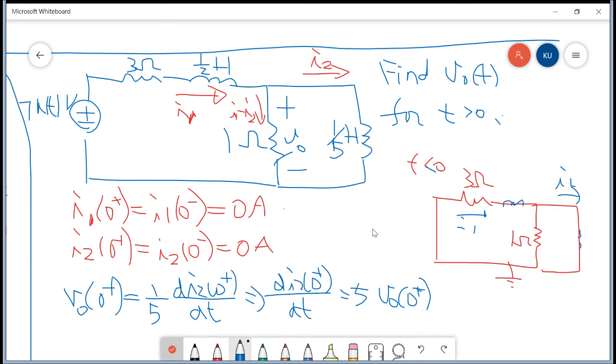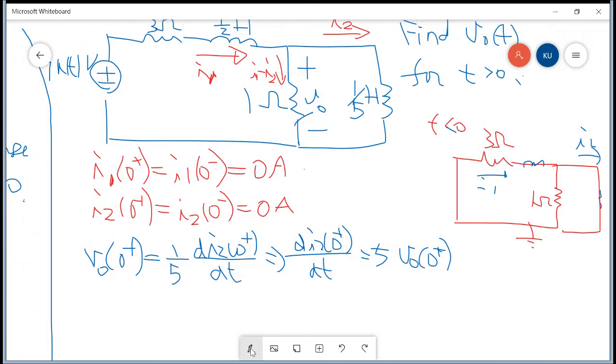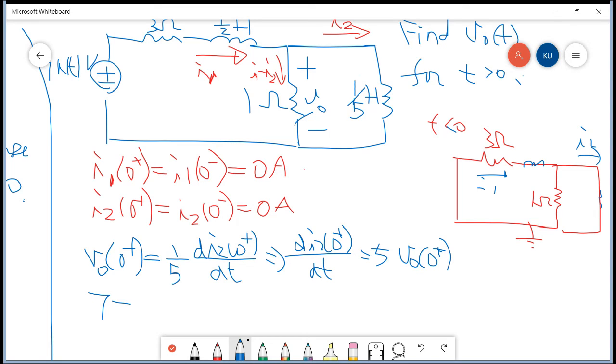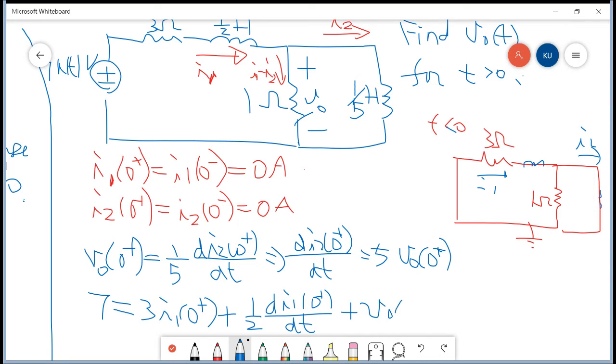So in this case, we use the KVL. The voltage source is 7 volts, equals 3 times I1(0 plus), plus 1/2 di1(0 plus)/dt, plus Vo(0 plus).